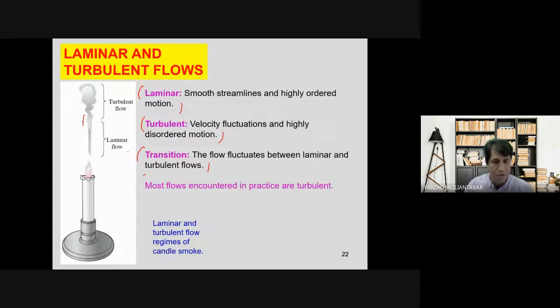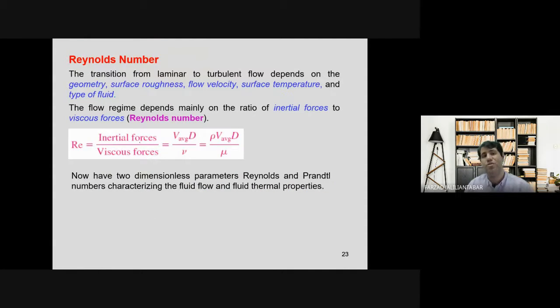To determine if the flow is laminar, transitional, or turbulent, we need to calculate a new value, the Reynolds number. You may know about that from fluid dynamics. The transition from laminar to turbulent flow depends on the geometry, surface roughness, flow velocity, surface temperature, and type of fluid.